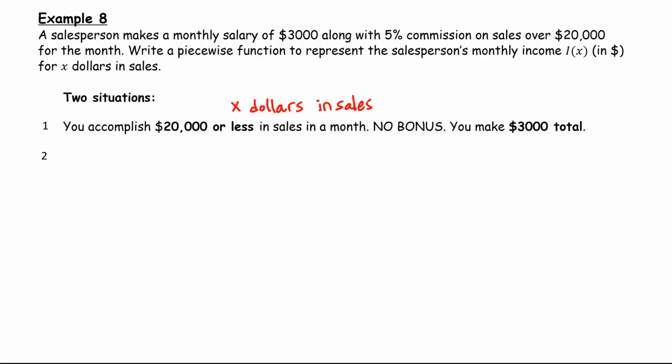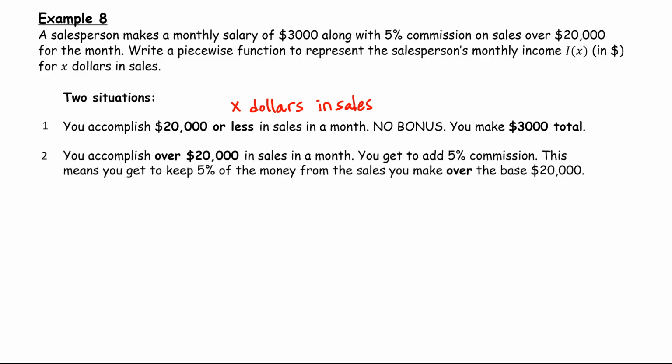Or you could accomplish over $20,000 in sales in a month, then you're going to get to add 5% commission. This means you get to keep 5% of the money from the sales you make over that $20,000. So if x is equal to the amount in sales, that is the value of the merchandise you sold, if you sell more than 20,000 in sales, you're going to have to figure out how much more than 20,000 you sold, because that's the amount you'll get that 5% bonus on.